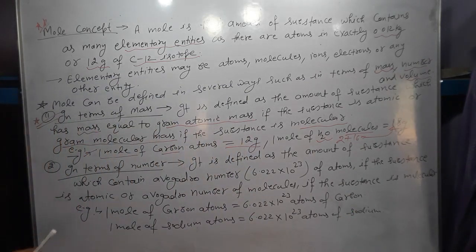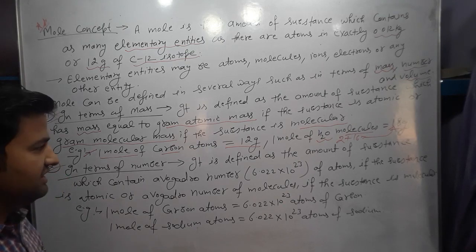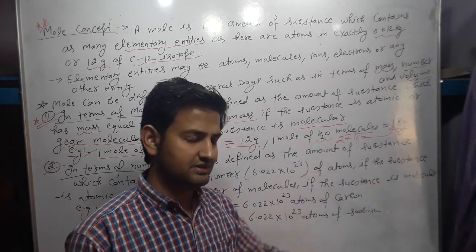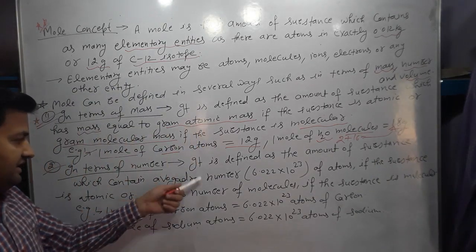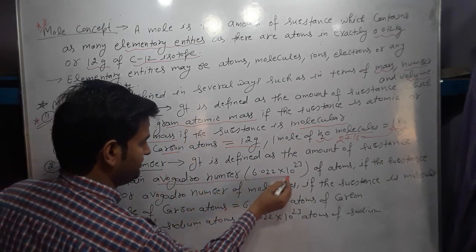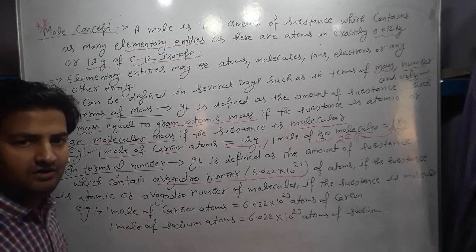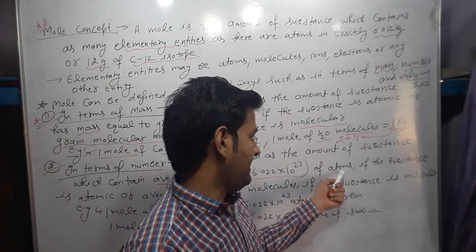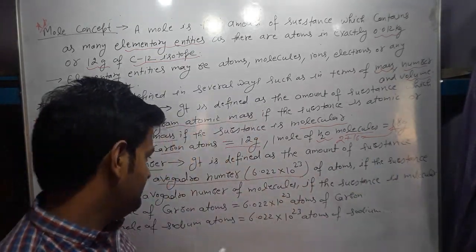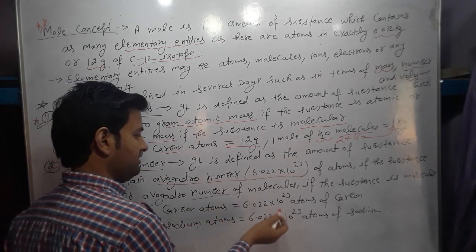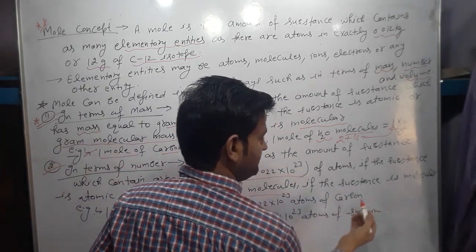The second definition of the mole is in terms of number. It is defined as the amount of the substance which contains Avogadro number, and the value of Avogadro number is 6.02 times 10 to the power 23, of atoms if the substance is atomic, and it is equal to Avogadro number of molecules if the substance is molecular.